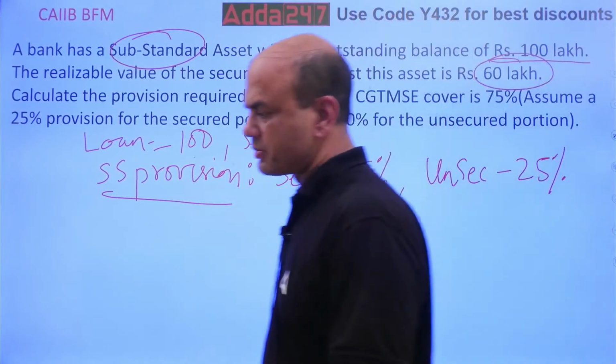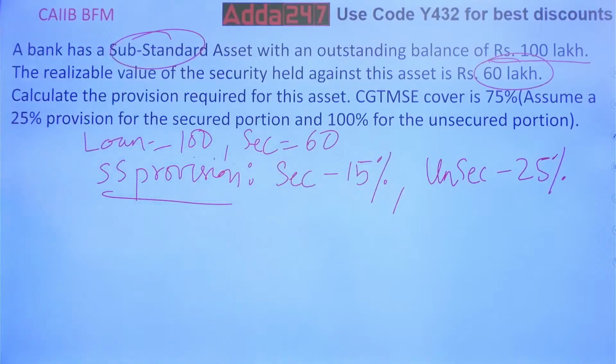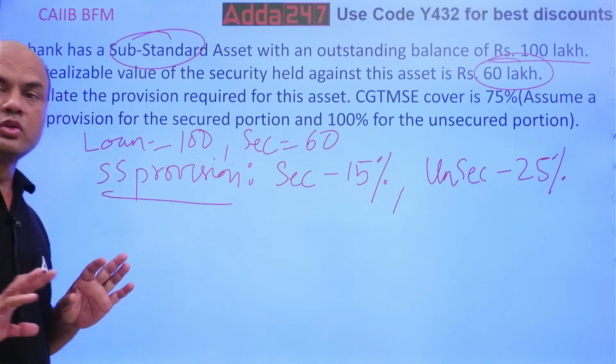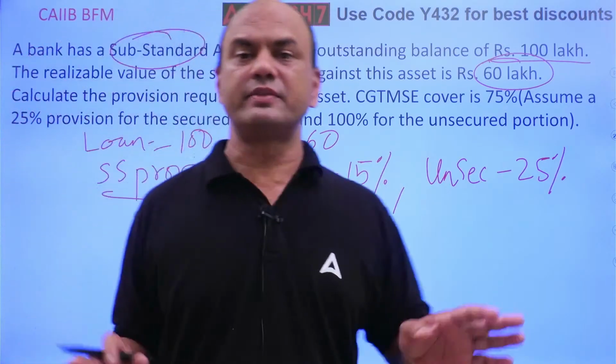For secured part, provisioning is 15%. For unsecured part, provisioning is 25%. Got it? But it is for unsecured part, and that also where no security, no fallback, nothing is available.